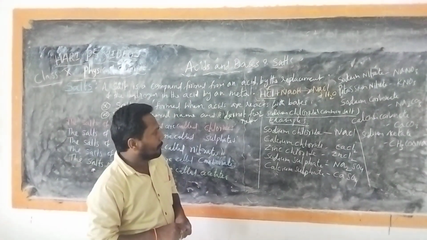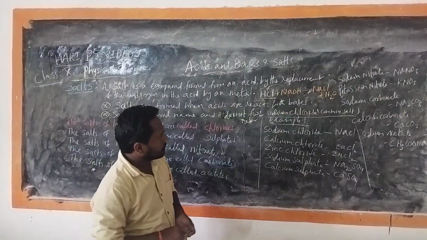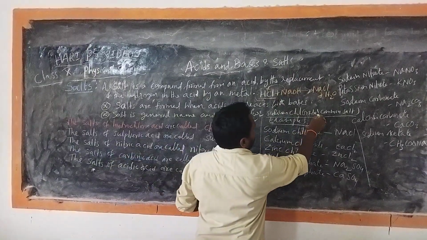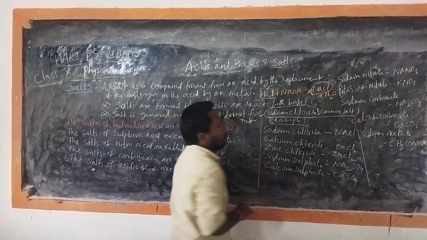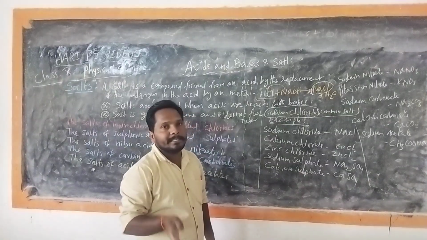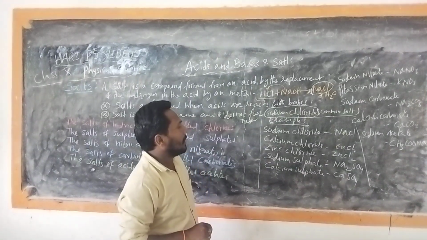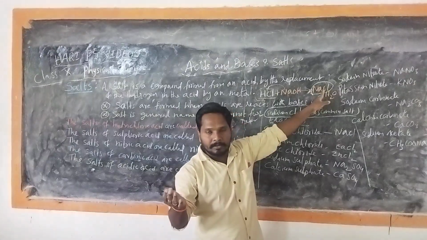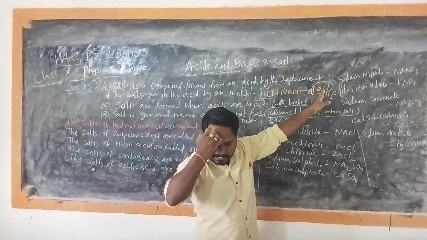Take the same example, sodium chloride. It has two parts. What is the acid part? Chloride, which is obtained from hydrochloric acid.